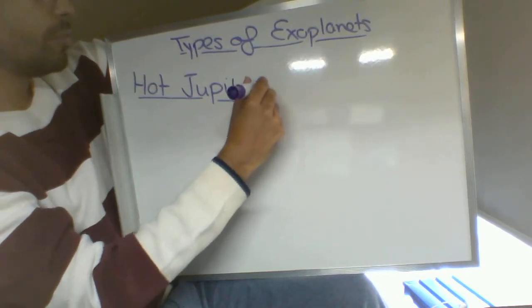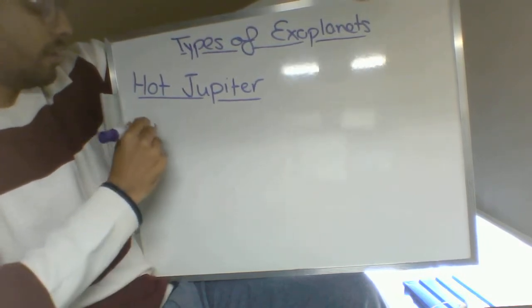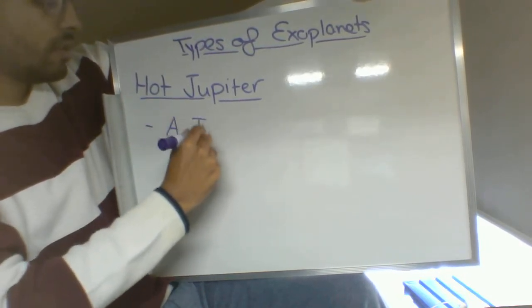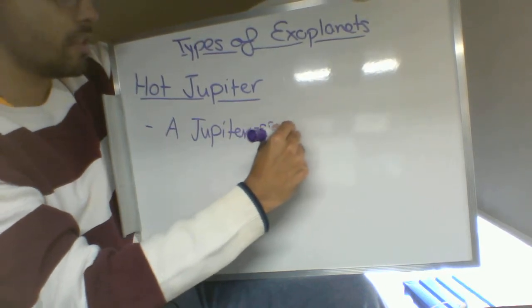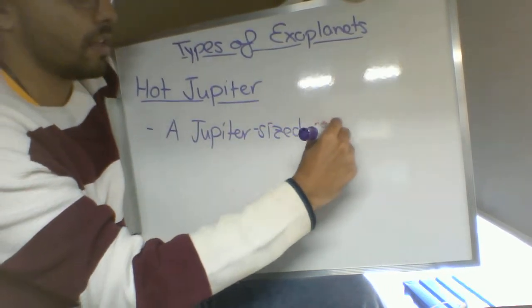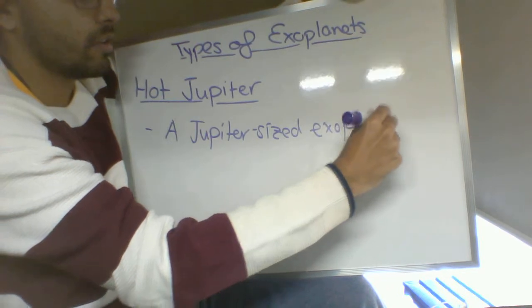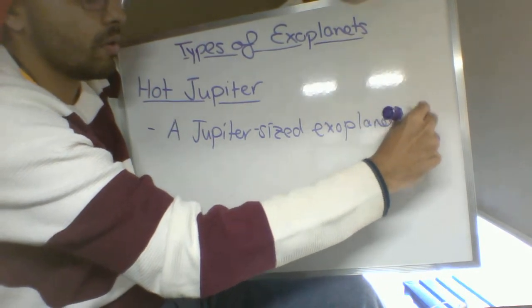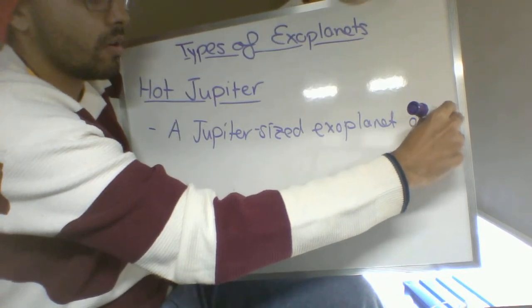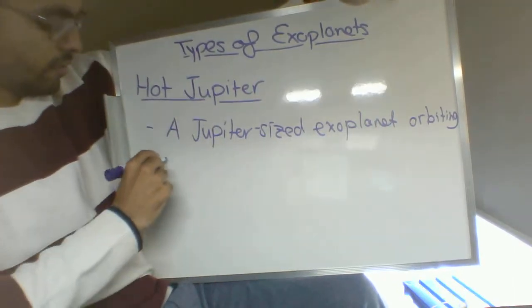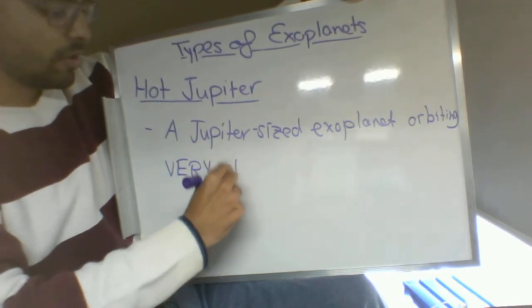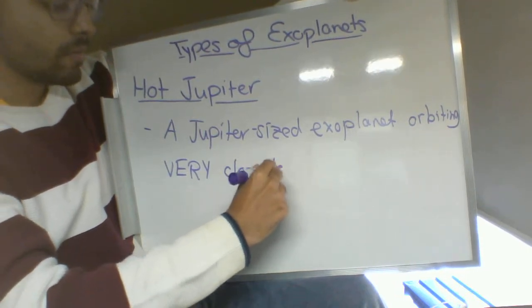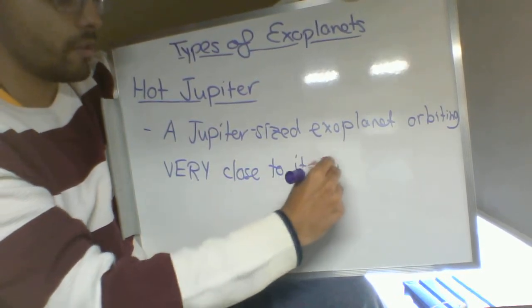It's a Jupiter-sized exoplanet orbiting very close to its parent star.